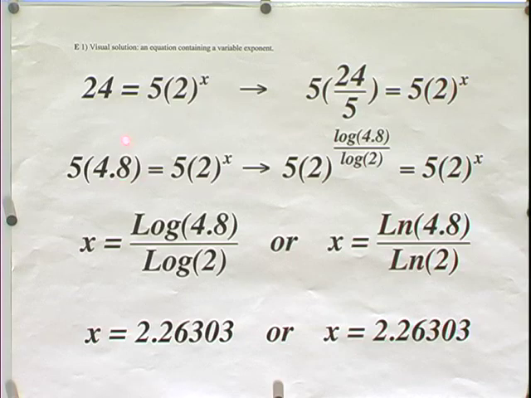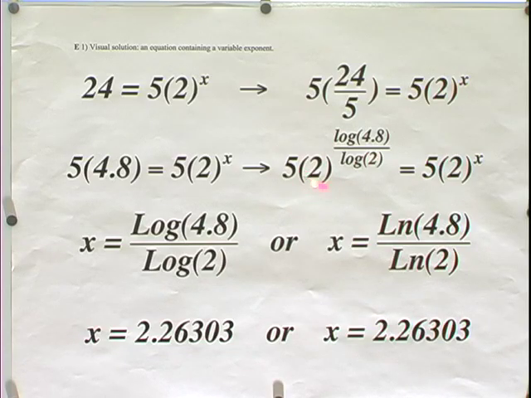Okay, I now want to change this base from 4.8 to 2. I will use the change of base formula in algebra, and it goes like this. You take the log of the old base, logarithm of 4.8, and you divide by the log of the new base, log 2, and then I'll put a 2 in here.